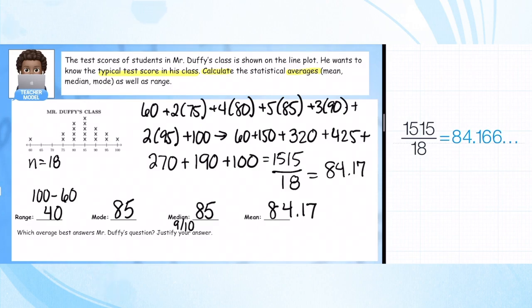And notice all our data, again, is very close together. Our mode and median are exactly the same, and our mean is very close as well. So he wants to know the typical test score.